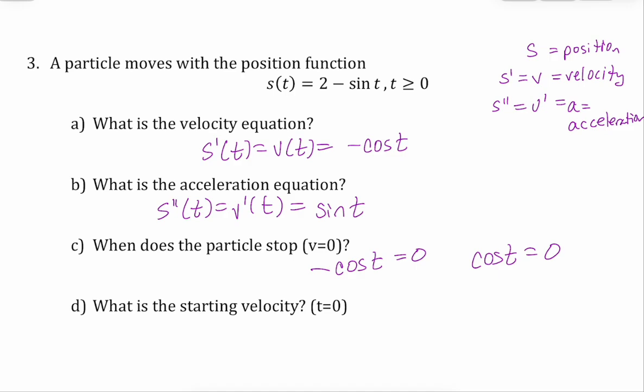So how do you write that? And time, this is time. Most likely seconds, I don't know. Like that might be feet per second or whatever. So time has to be greater than or equal to 0. So we only have to consider the positives, because the cosine is a never-ending function.